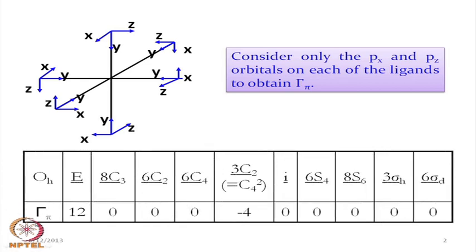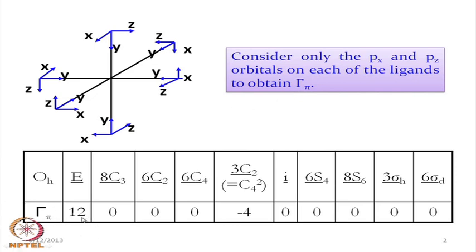So, the reducible representation, that is gamma pi, for the pi interaction, has the symmetry operation E therefore as 12, and we have the corresponding C2 and all other contributions in terms of the octahedral character table, where these symmetry elements are all present. So, this number 12 is nothing but the 12 orbitals which we are using for the construction of the pi interactions with the metal center.